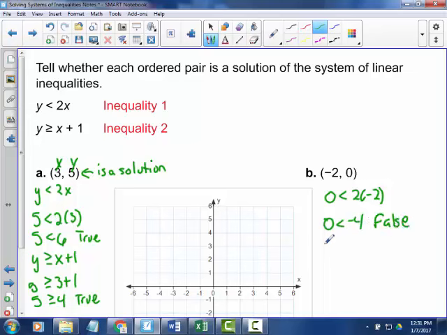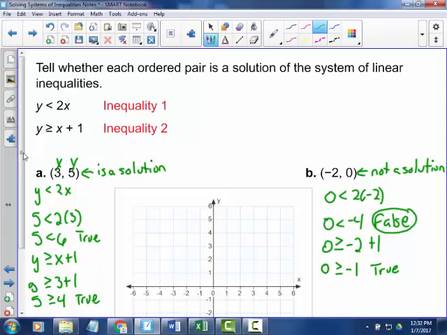We check the other inequality, 0 is greater than or equal to negative 2 plus 1, we get 0 is greater than or equal to negative 1, which happens to be true. However, because of this one false, this point is not a solution. It has to be true for both to be a solution.